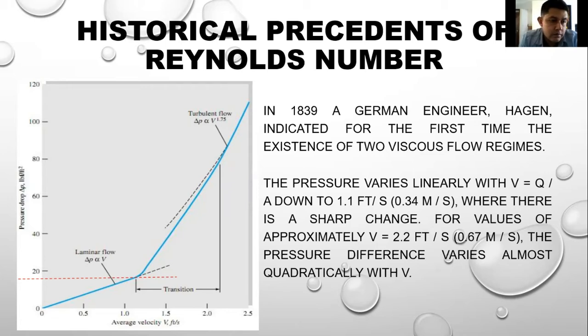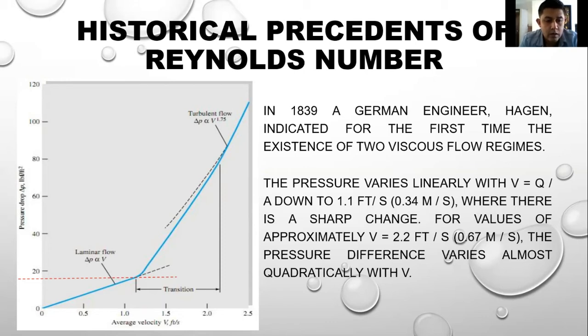Before 1930, measuring instruments were very insensitive and did not pick up rapid fluctuations, so scientists only measured mean values of velocity, pressure, and force. In 1839, the German engineer Hagen indicated the first sign of the existence of the two viscous flow regimes.